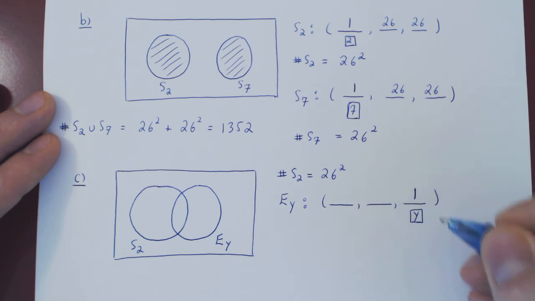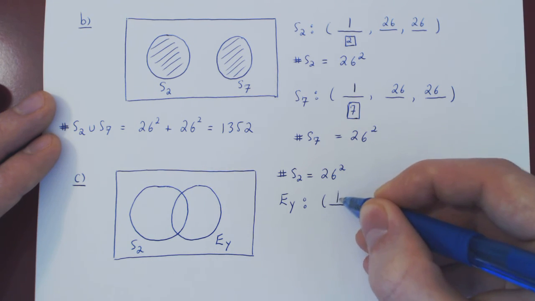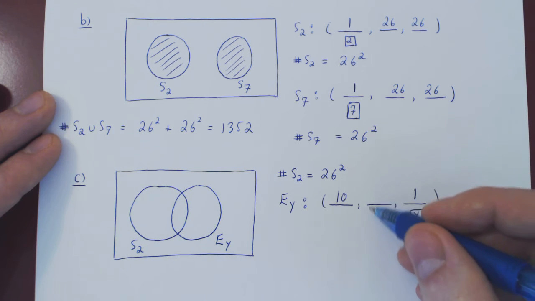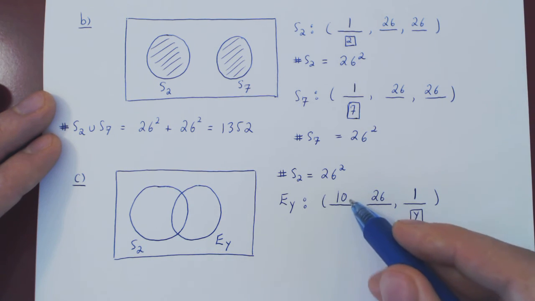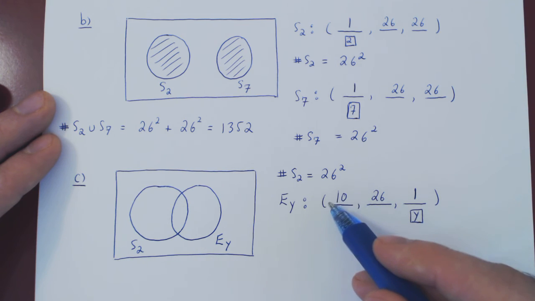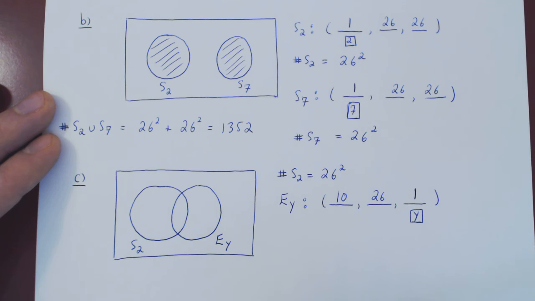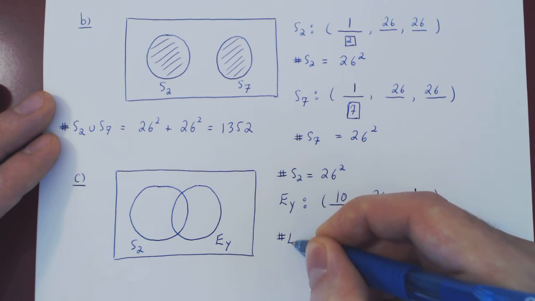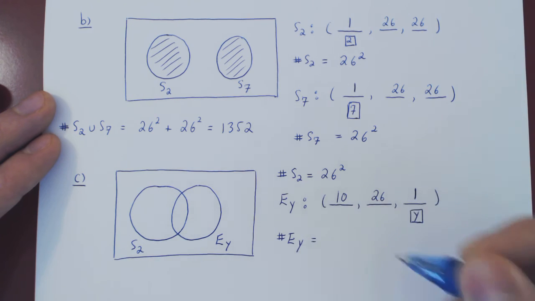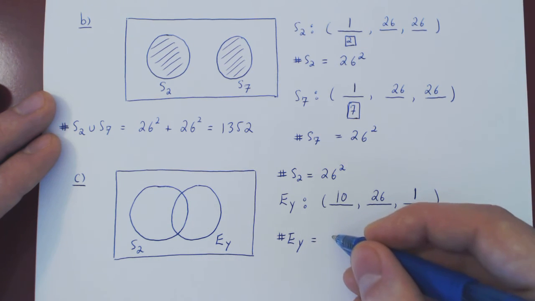It has to be a Y. Well, the first symbol therefore can be anything. There are 10 options. The second symbol can be anything, 26 options. As the first is an integer between 0 and 9, the second can be a letter from A to Z. So the number of elements in EY, we are seeing 10 options and 26 and 1, so it's 10 times 26, which is 260.